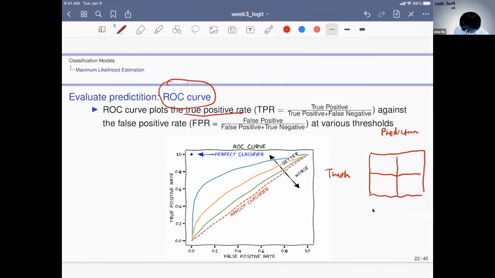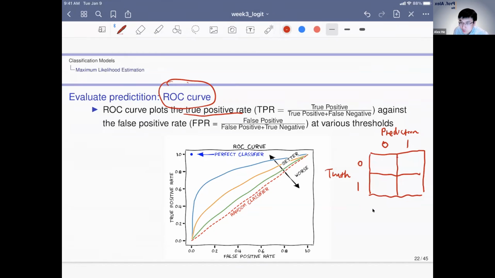If the prediction can take the value of 0 or 1, and the truth also takes the value of 0 or 1, right now it's a little bit different from logit, but just bear with me for a second, because in logit our prediction is actually not 0 or 1, but a continuous probability. But let's say the prediction is 0 or 1, and the truth is also 0 or 1.